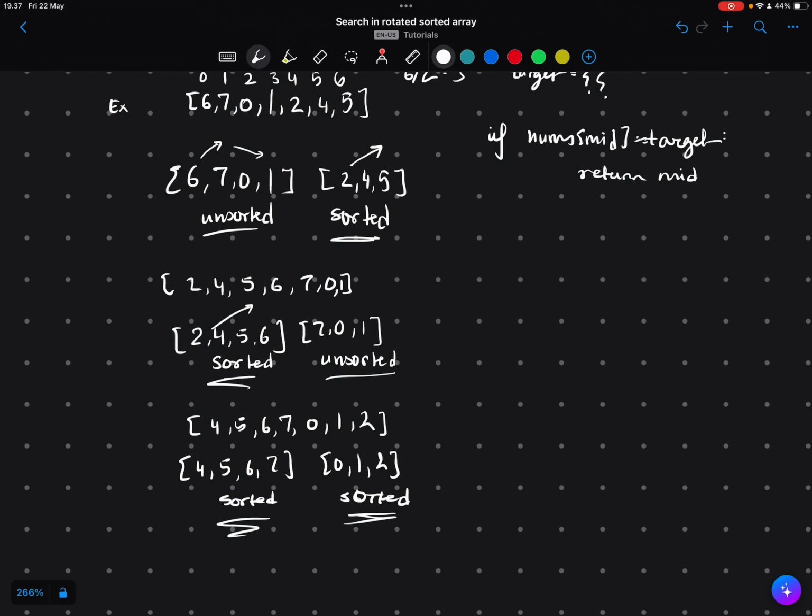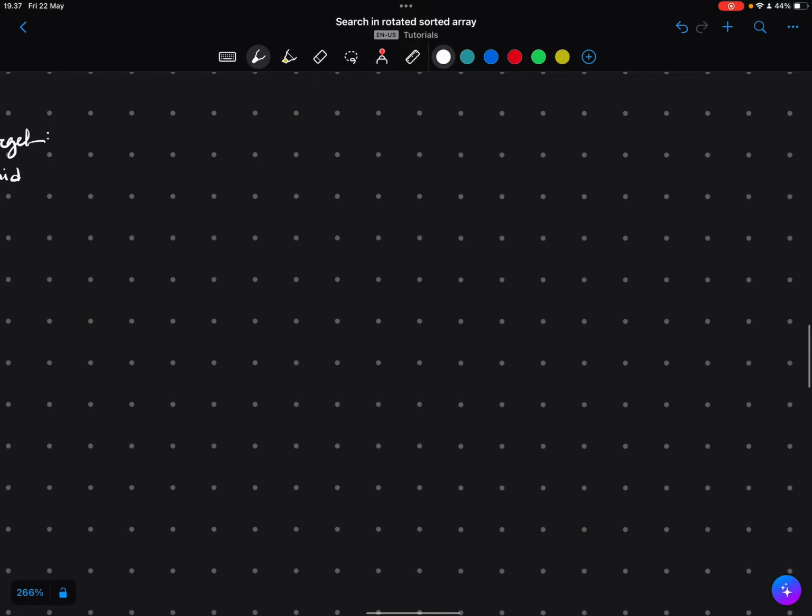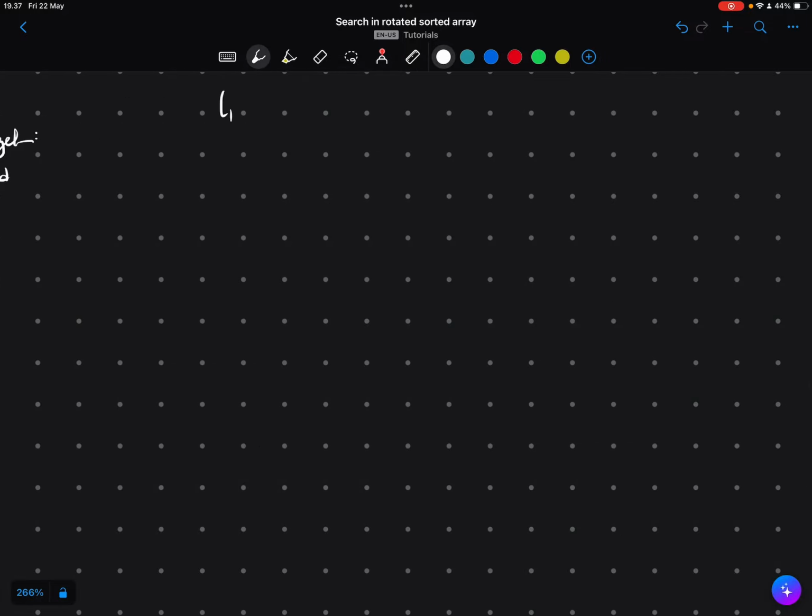Once we splice the array, all we want to do is check: is my left array sorted, is my right array sorted? And we want to determine which direction to go into immediately after. So let's consider the standard algorithm now. We will have our starting point be the starting index and the very last index, right?